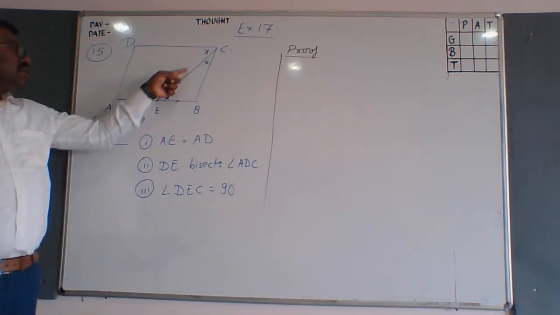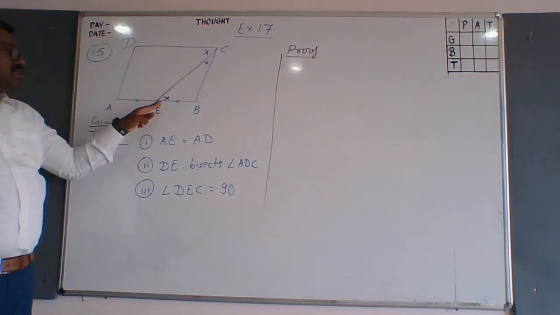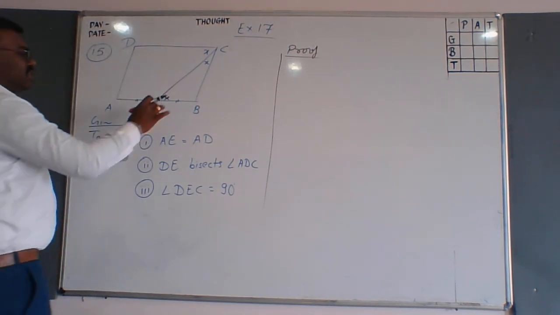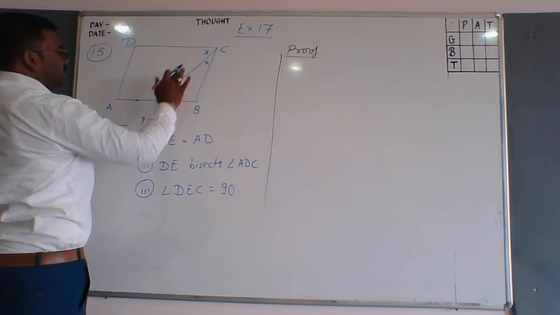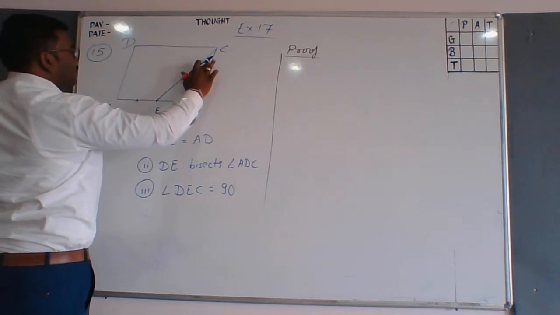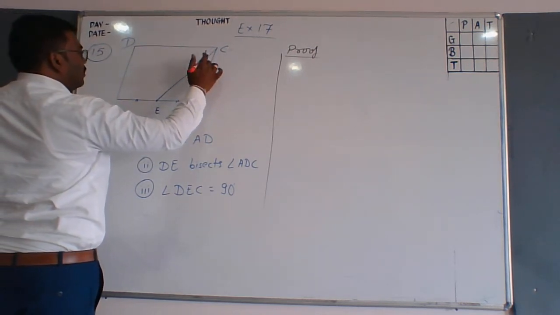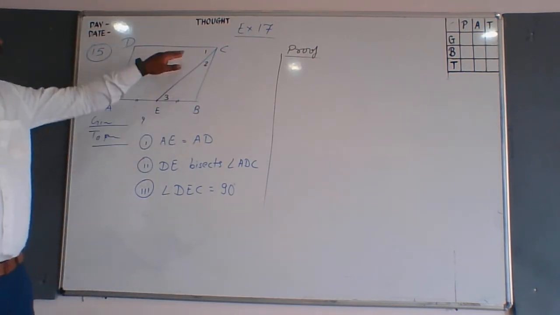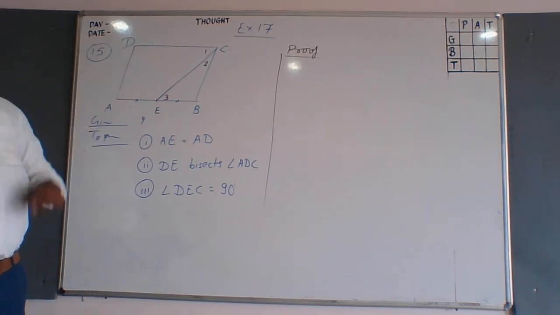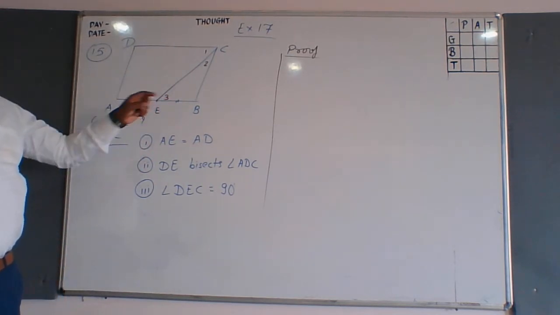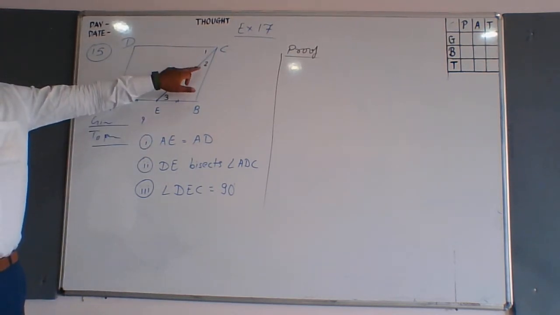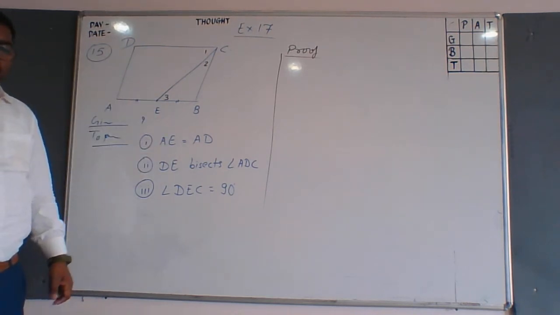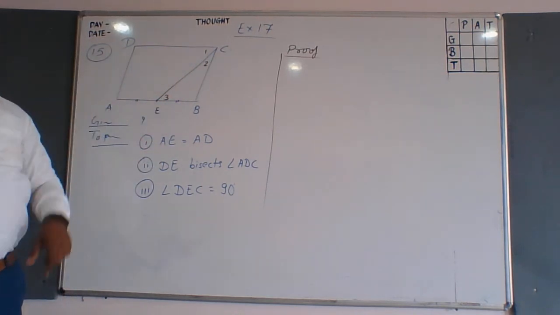Because these two are alternate angles. Or instead of x, we will give the numbers so that it becomes easy to understand: 1, 2 and 3. Angle 1 equals angle 3 because they are alternate angles. Angle 1 and angle 2 are already equal. So that means angle 2 and angle 3 are equal.